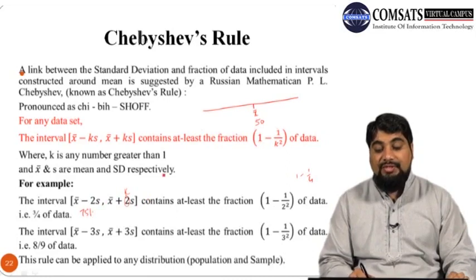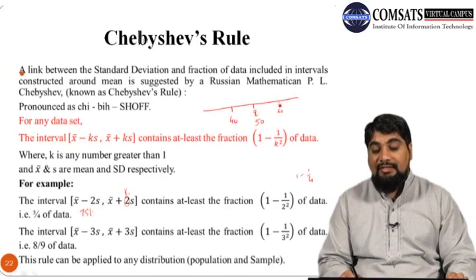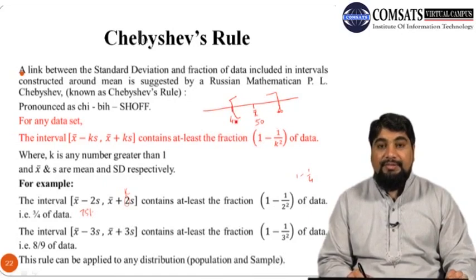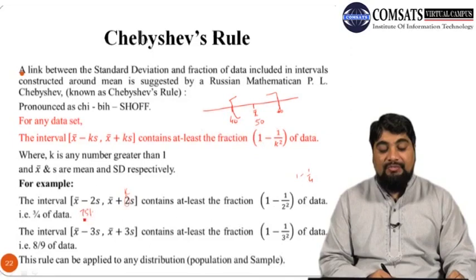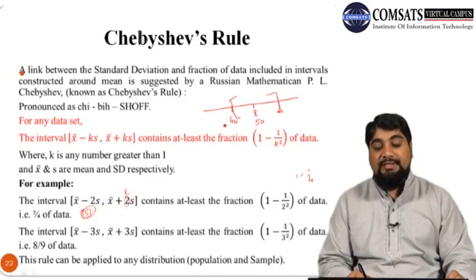So x bar is 50. So 50 minus 10 we get 40 and 50 plus 10 we get 60. So this interval, according to Chebyshev's rule, should cover 75% of the data points. So 75% of the data values must lie between 40 and 60.